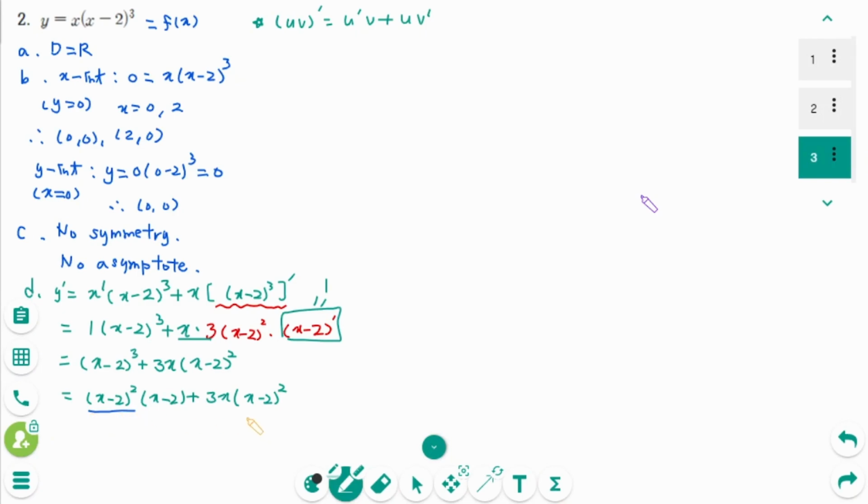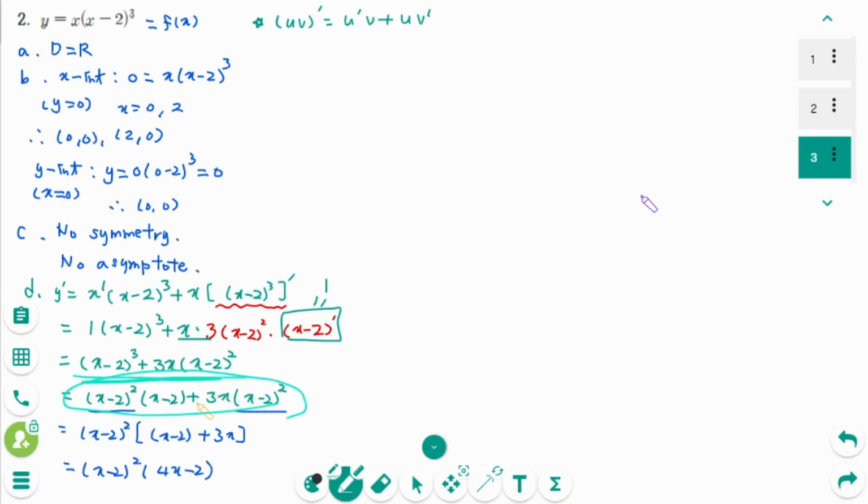Then we can factor, take out (x minus 2) squared, then (x minus 2) plus 3x, then (x minus 2) squared times (4x minus 2). Originally it is not necessary to use this part when factoring, but if it's difficult to factor here, then it is more convenient to make a common factor like this form.